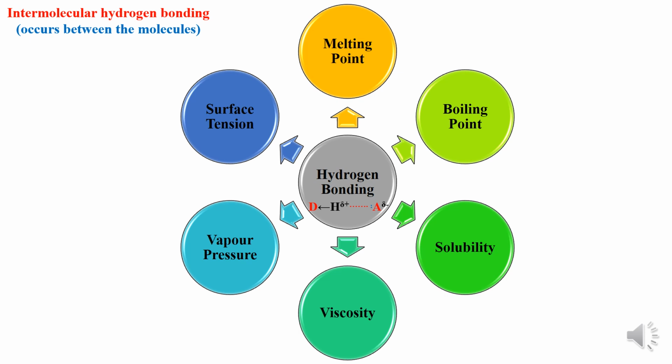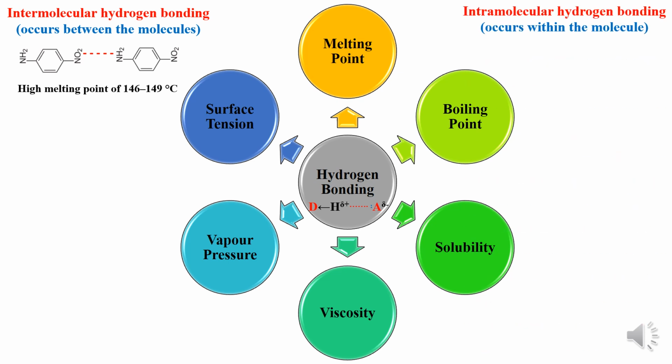They are intermolecular hydrogen bonding that occurs between the molecules that leads to high melting point of substances, and intramolecular hydrogen bonding that occurs within the molecule leading to low melting point of organic substances.